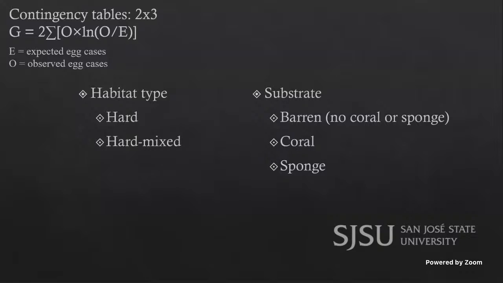Habitat and attachment substrate groupings were analyzed. This was done only for Parmaturus xaniurus, as there was too low of a sample size for Apristurus brunneus. The habitat types observed were hard and hard mixed, with the substrate types barren, essentially bedrock in that there is no coral or sponge attached, followed by coral and sponges.